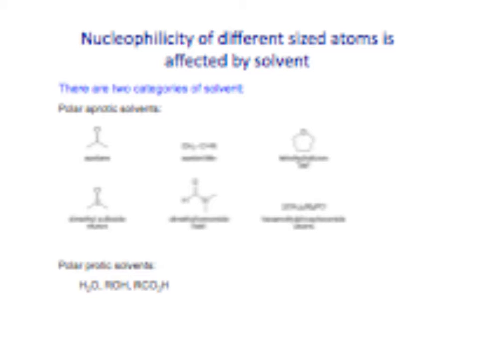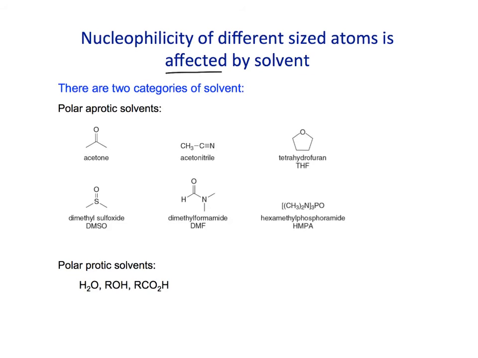This type of comparison is affected by the solvent that the reaction is being carried out in. To understand this, we need to look at the types of solvents that are available. We can categorize solvents in two different groups: the polar aprotic solvents and the polar protic solvents.